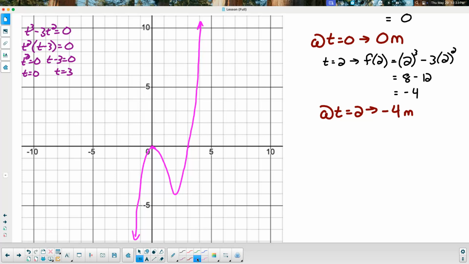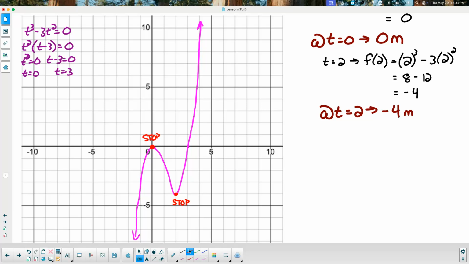Graphically, we know when an object stops because it changes direction. So here would be a stopping point because we were coming towards the starting position, and then we stopped. We went away from the starting position. Then we stopped here. This would be another stop, another change of direction.